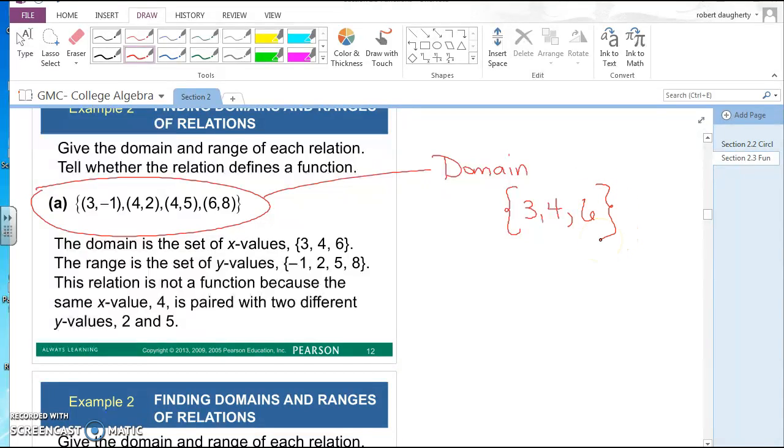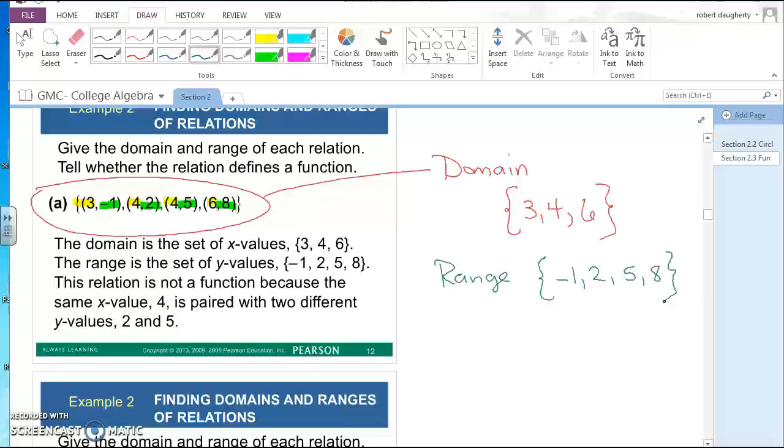So if you can tell, those are all of the input values, 3, 4, and 6, okay? Now to go to the range, those are all the set of your outputs. So the range would be -1, 2, 5, and 8.